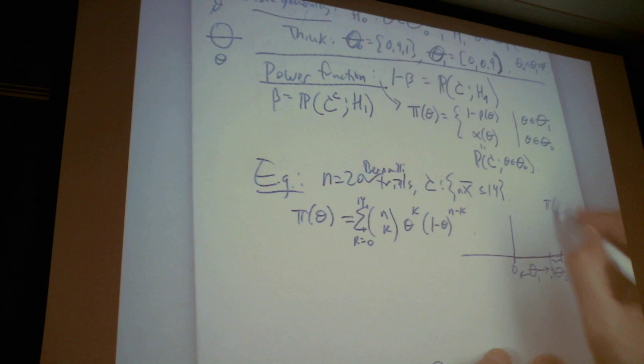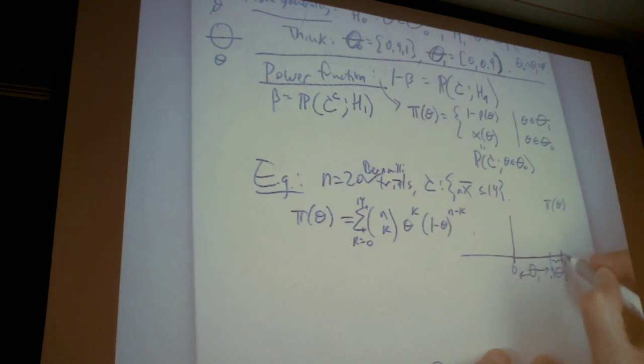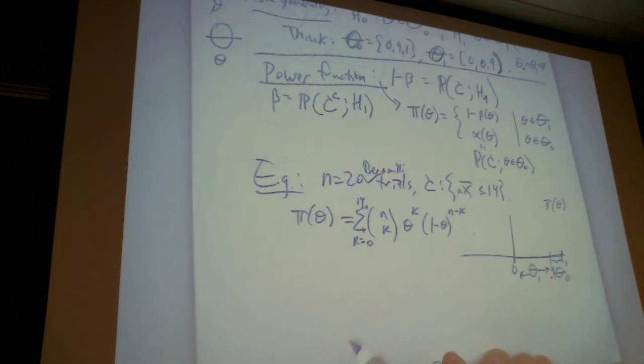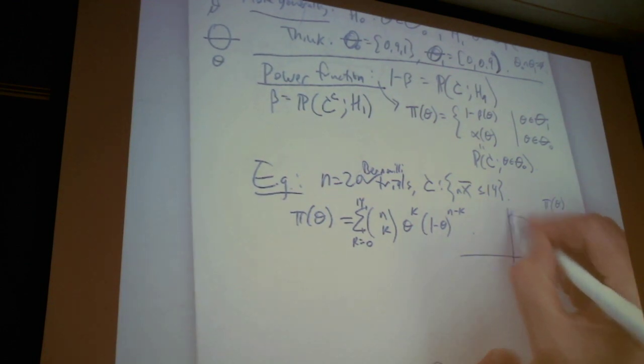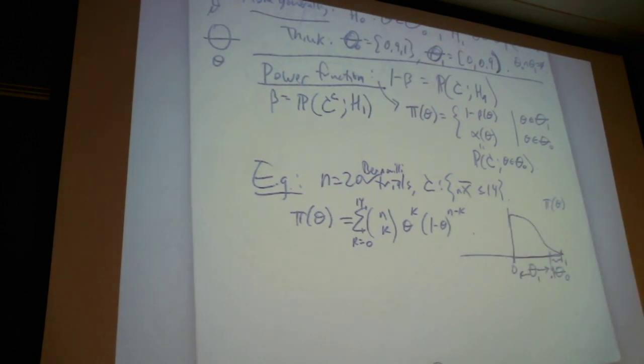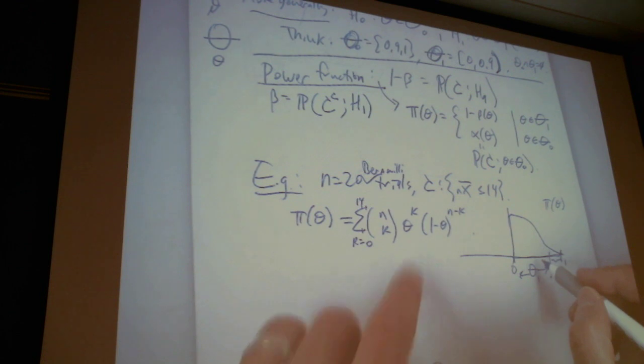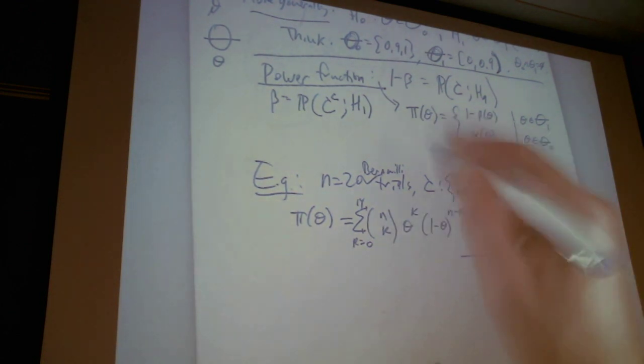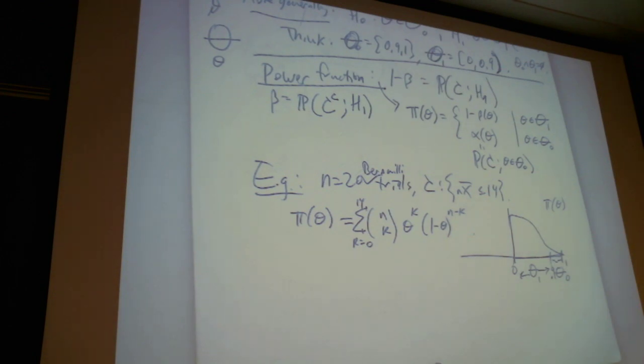And the graph of the power function was something like this. So 1 minus beta is this, and some people do 1 minus this curve. That's the OC curve that we talked about.